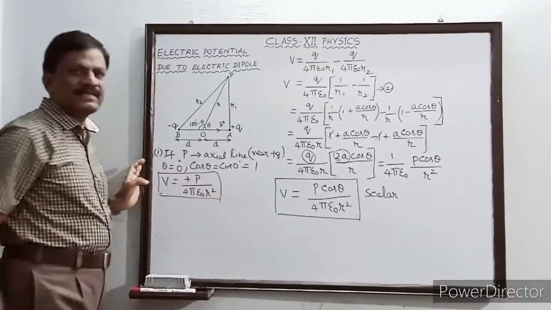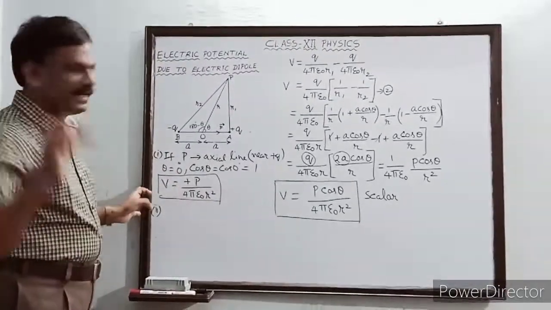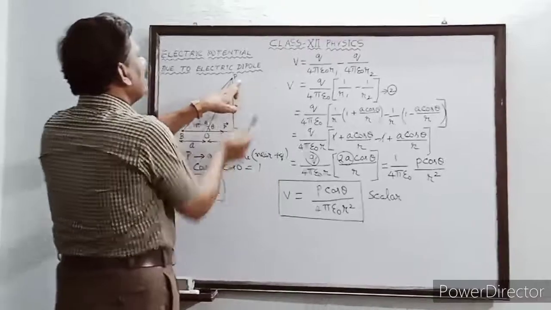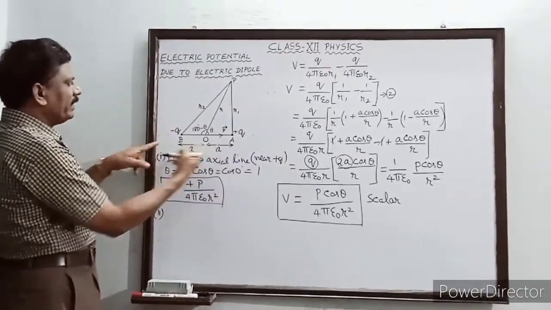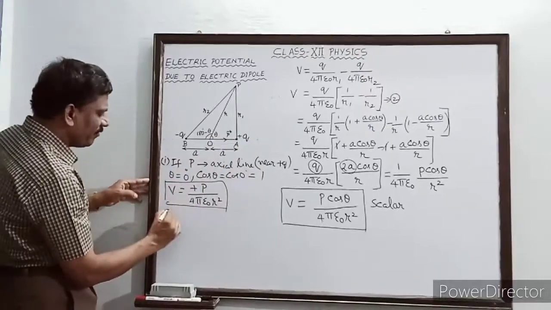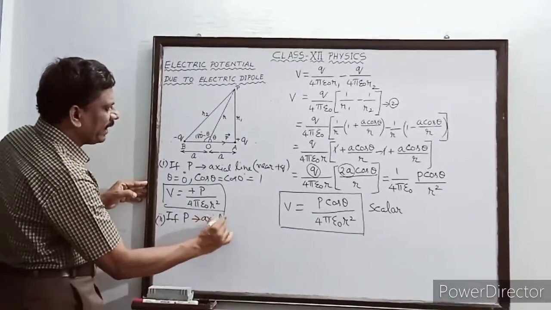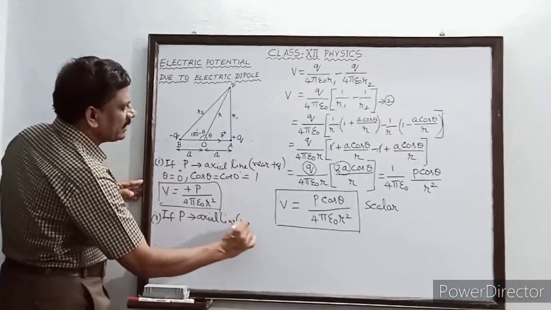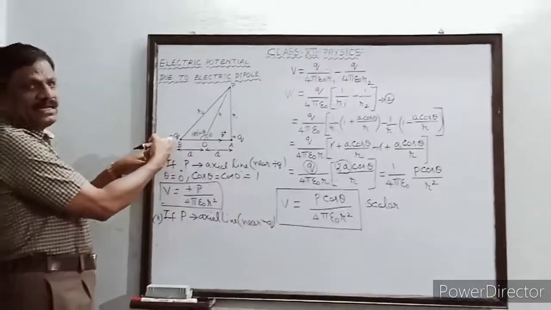Similarly, you take case 2. If this point P is lying on the left side, point P is along the axial line, and it is now near minus Q, this side. So what will it be then?